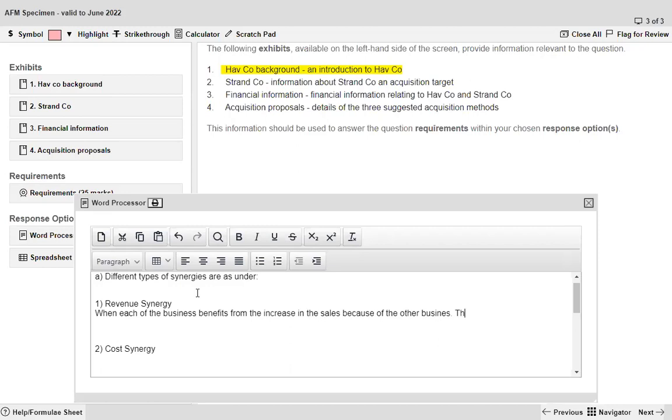This could be through cross-selling, greater market share, ability to control prices, and so on.